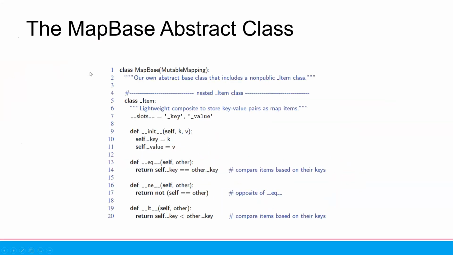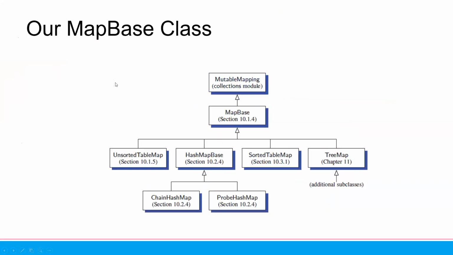So in the map base abstract class, because the map base is the top one, as you know, we use object-oriented programming and we learn about inheritance. If we learn about inheritance, it means the subclass will inherit the properties of the superclass. So every subclass will inherit the properties of the superclass, which is the map base.